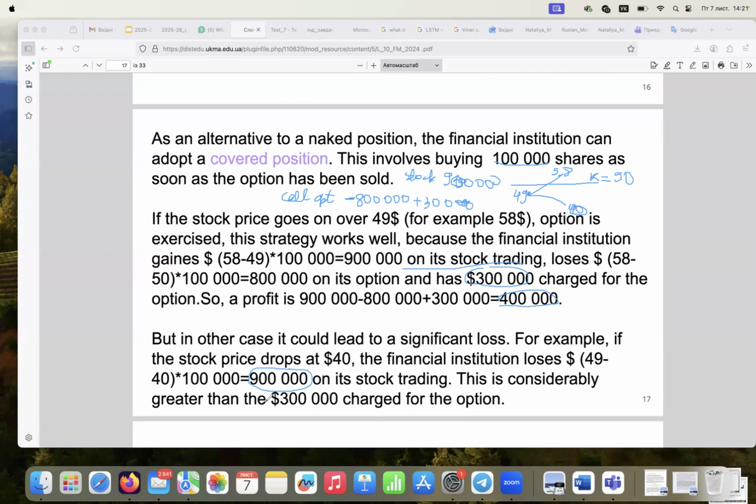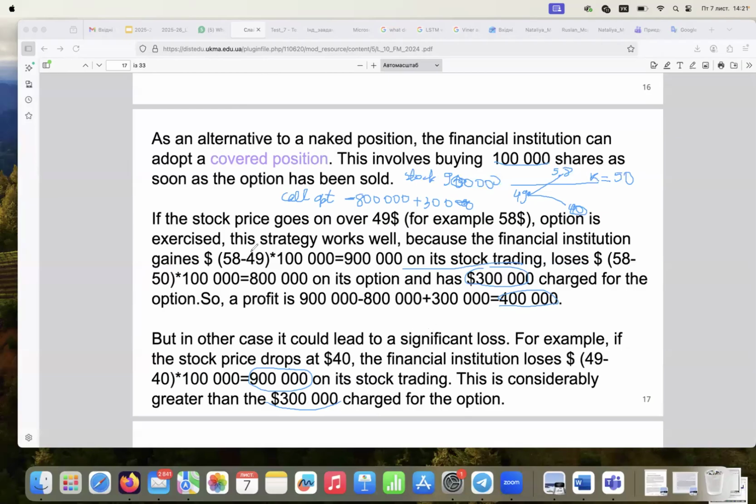And we have 300,000 unconditional money. This is with plus, but the stock loss is with minus. So in this down scenario, we lose 600,000.